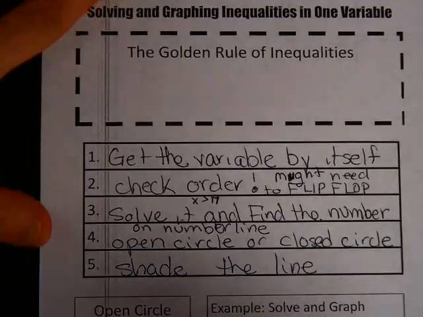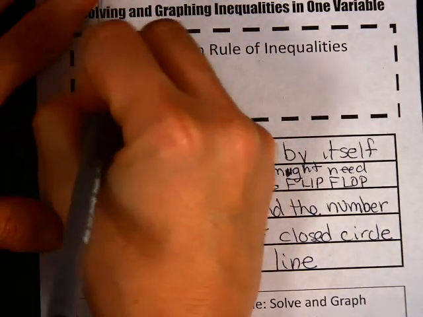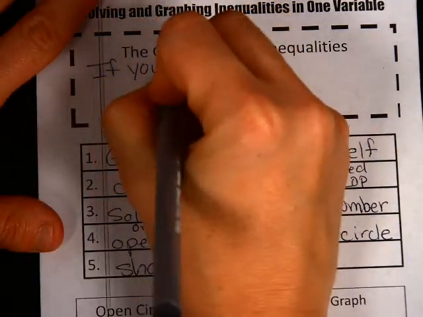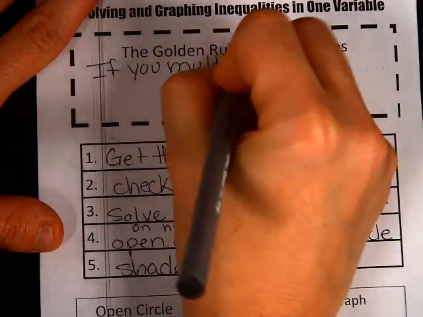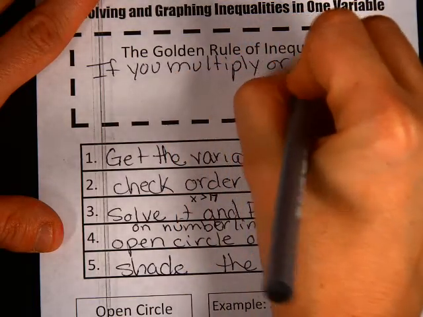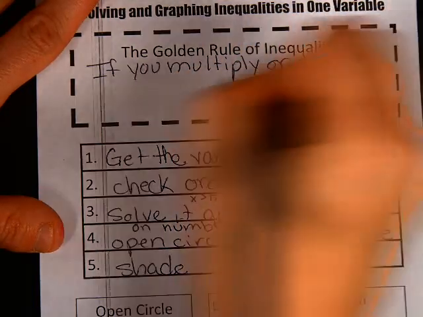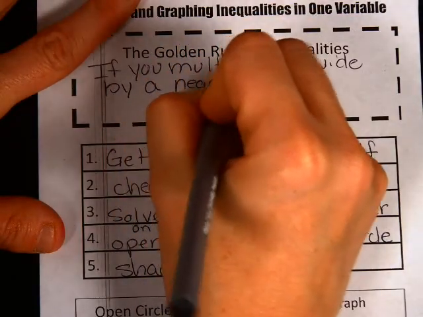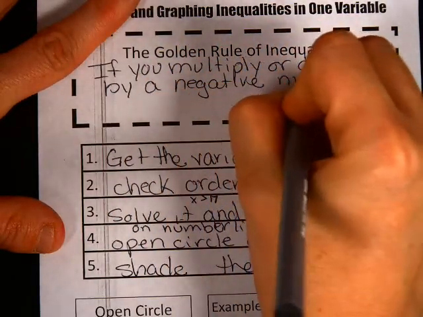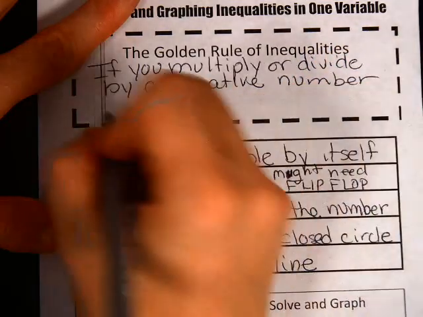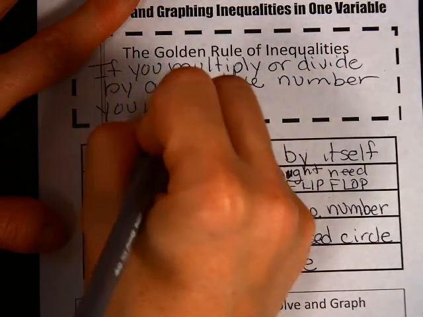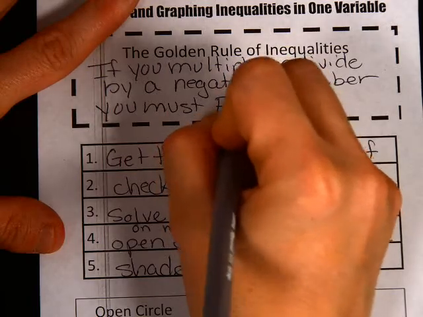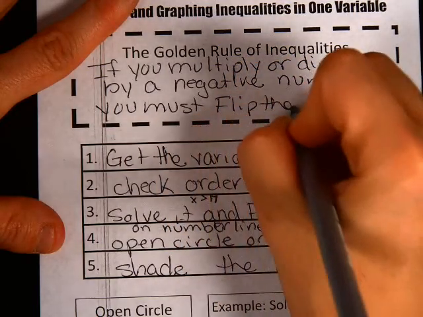The golden rule of inequalities is if you multiply or divide by a negative number, you must flip the sign.